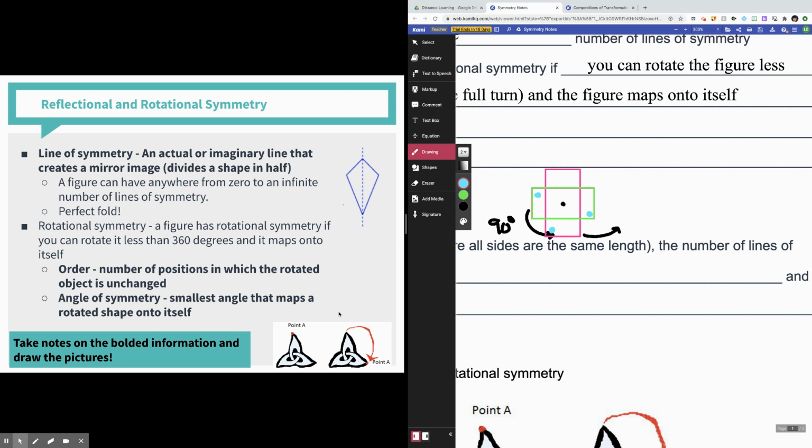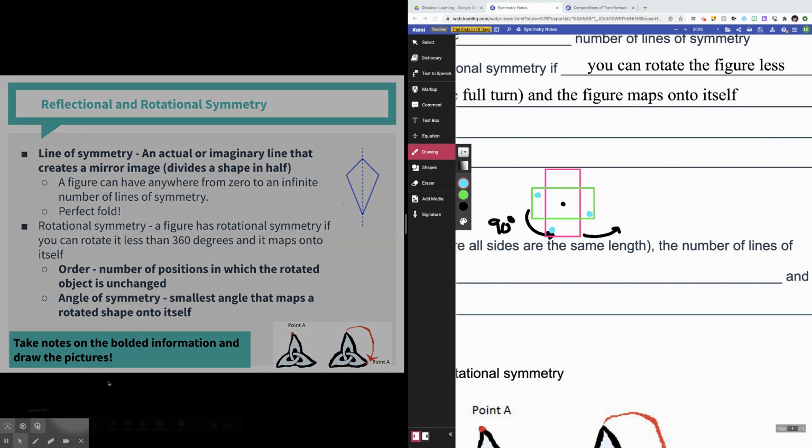You can kind of see it here on the left-hand side of your screen in this picture. This is the point that they tracked up at the top, and then they rotated it. So now point A is down here in the bottom right corner, but the shape looks exactly the same. It's just been turned around a point in the middle.